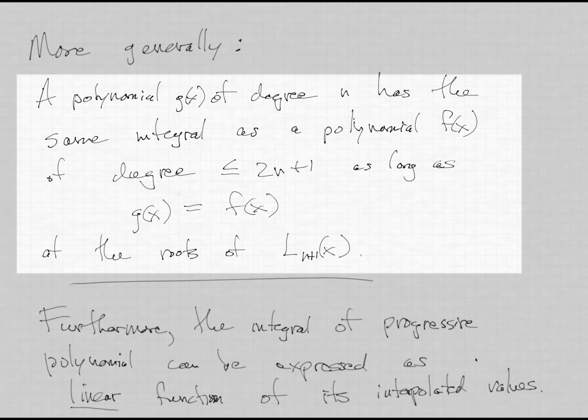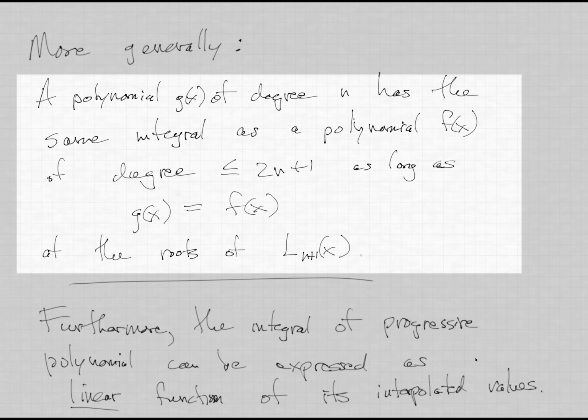The general scheme is that a polynomial of degree n will have the same integral as a polynomial of higher degree up to degree 2n plus 1, as long as the two polynomials agree at sample points which correspond to the roots of the Legendre polynomial of degree n plus 1.